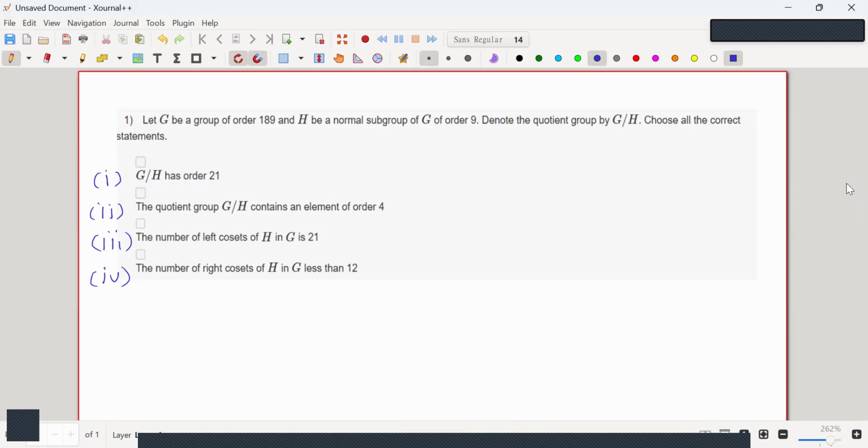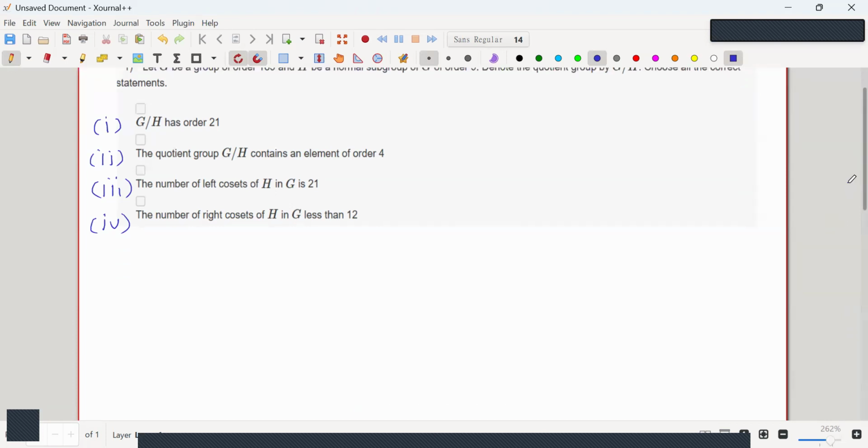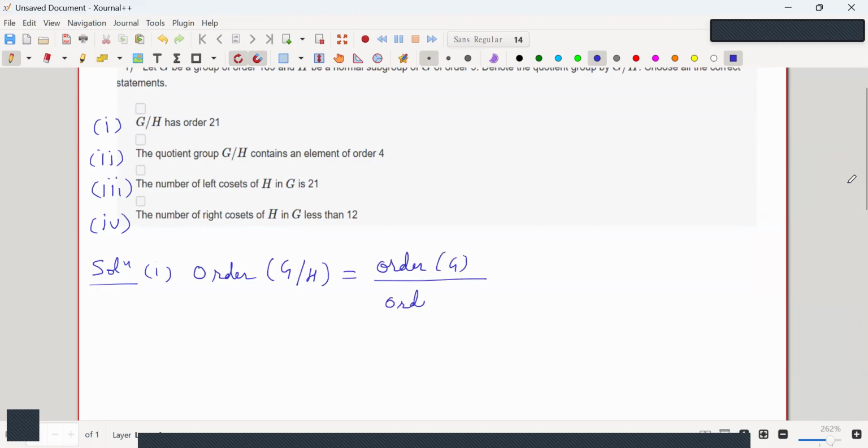So the first statement is true, and the reason is that the order of G mod H is the order of G divided by the order of H, which is 189 by 9, which is 21. The first part is correct.